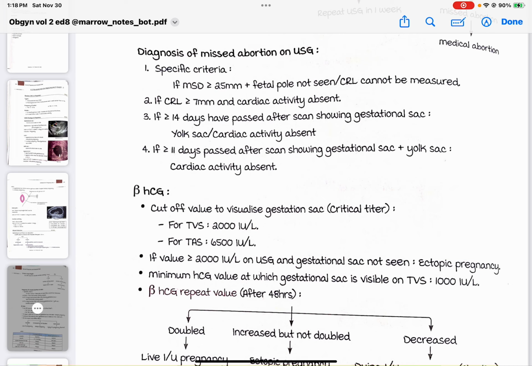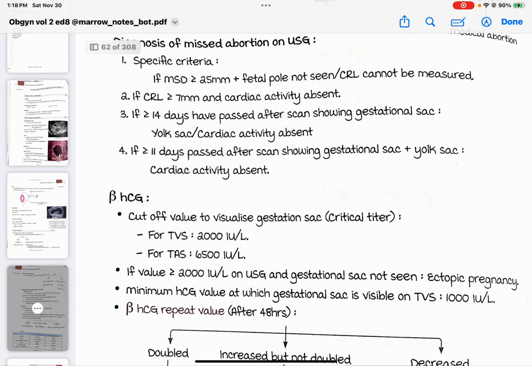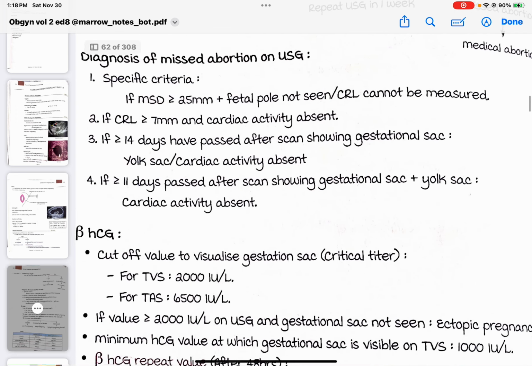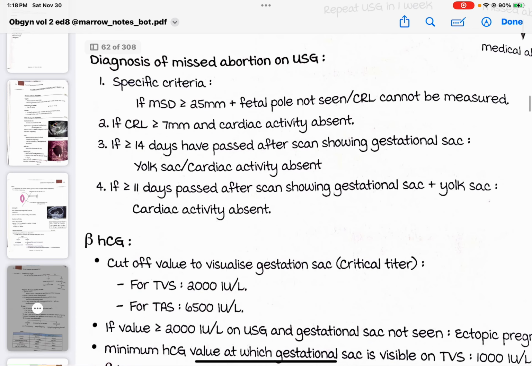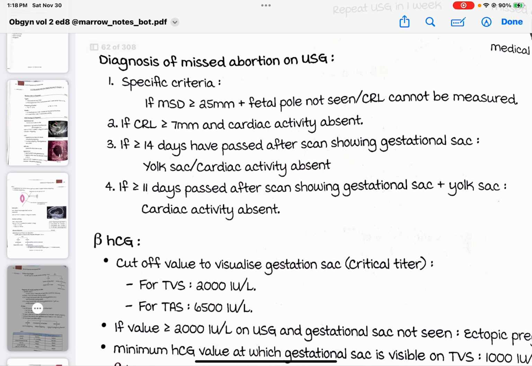Mean sac diameter is more than 25 mm plus fetal pole not seen, crown rump length cannot be measured, that is missed abortion. If crown rump length is more than 7 mm but no cardiac activity present, that is missed abortion.